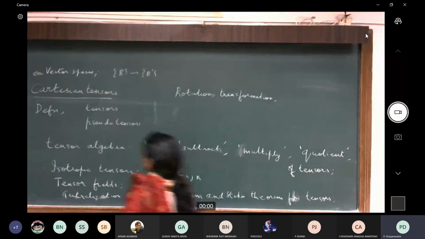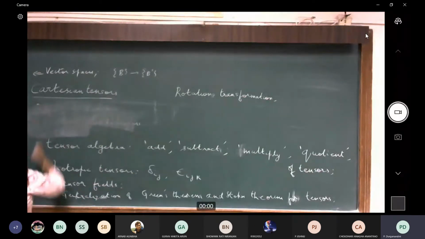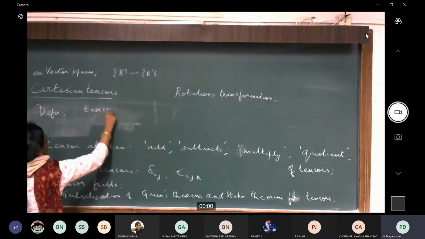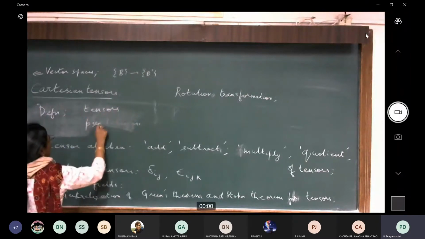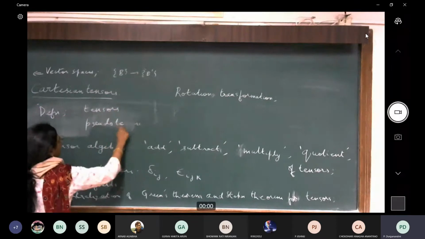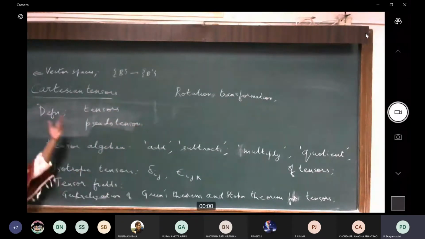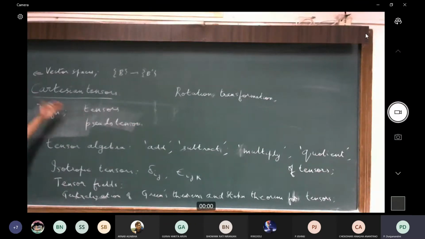Fine. So since we will also have exams at some point of time, you can imagine what the questions will be. I can just tell you what kind of questions. I could give you some object and ask you to check whether that transforms like a tensor or not, in which case you need to take the definition and check it out.